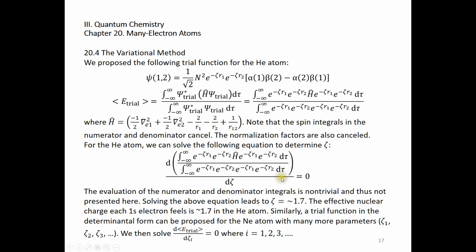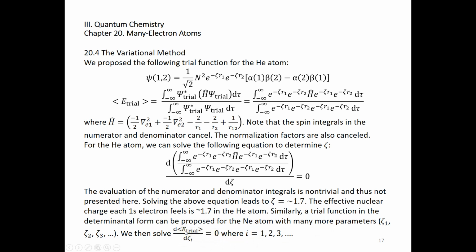this calculation. And similarly, we can propose a trial function in the determinantal form for the neon atom, but with more parameters. You need, for example, effective nuclear charge for the 1s electron, for the 2s electron, and also for the 2p electrons. But still, in principle, we can just set this to 0.